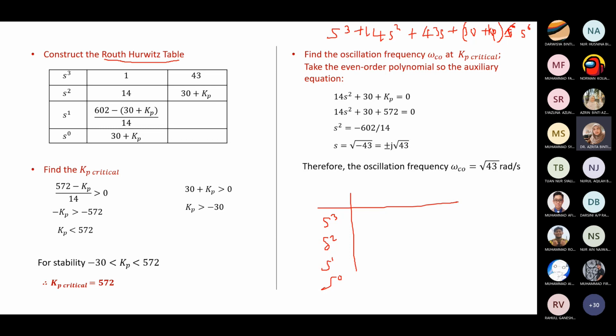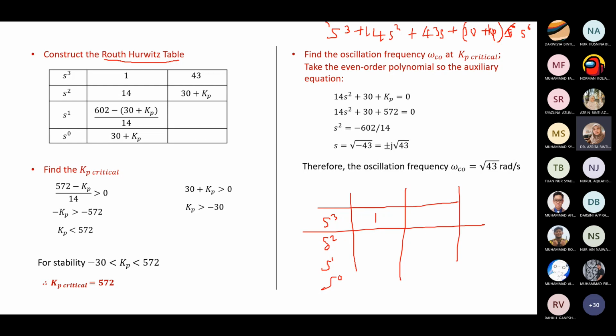But we know that this 30 plus KP is actually multiplied with s power of 0. Then we draw another two columns. For the s power of 3, we take the coefficient that multiplies s power of 3. The coefficient here is 1, so we put 1 for the first row.